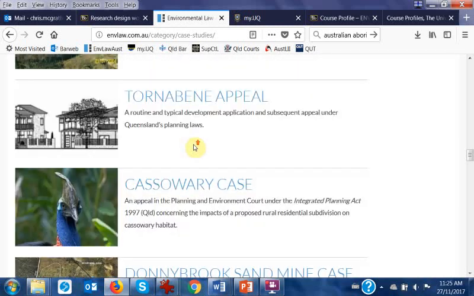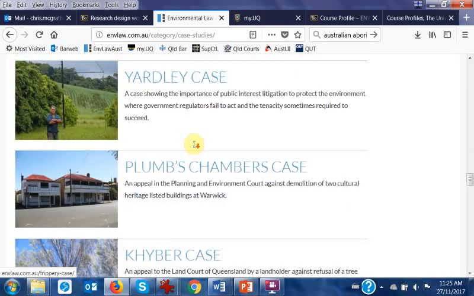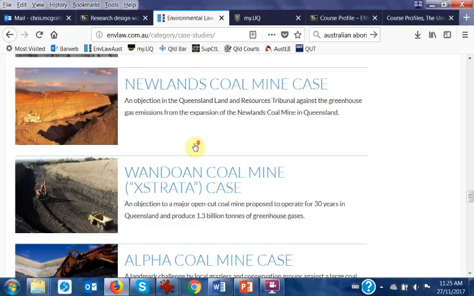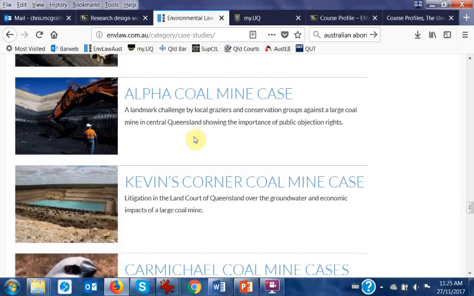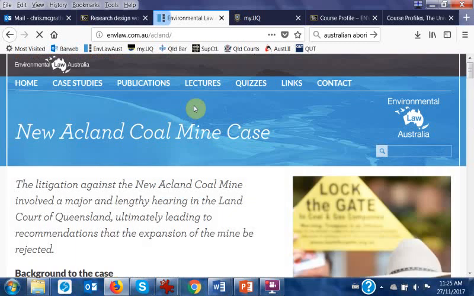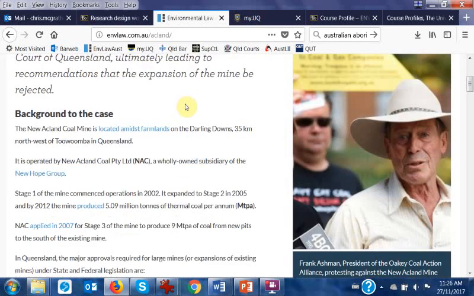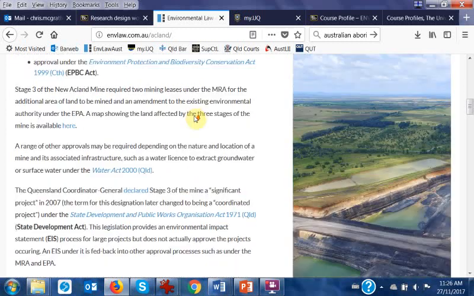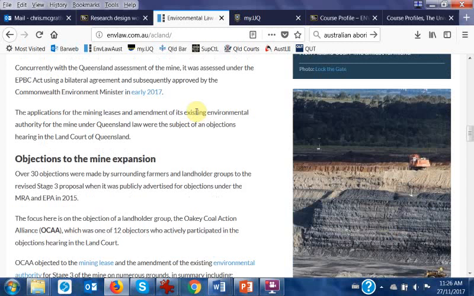And the particular case that I'm working on at the moment is about the New Auckland coal mine. So it's a coal mine that's proposed to be in its third stage. It's out near Oakey, near Toowoomba, about 2 to 3 hours west of Brisbane. And that's a picture of it. And there's another picture of it.